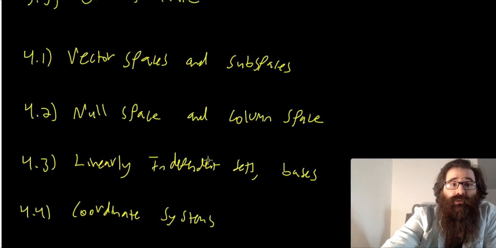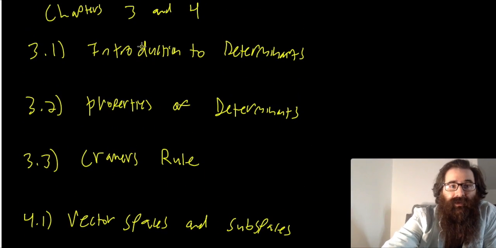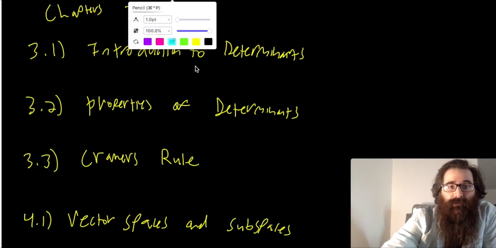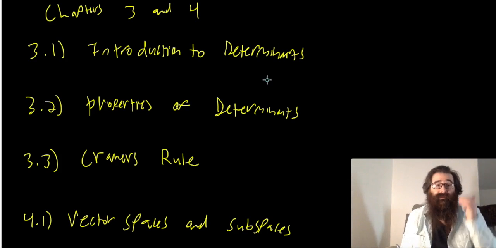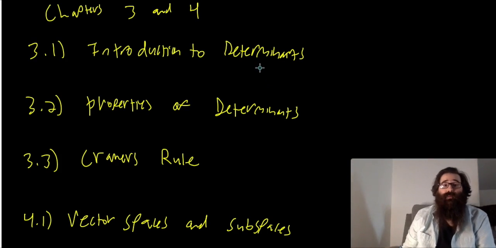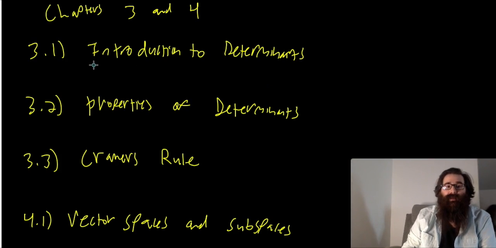So let's go through and talk a bit briefly about what we encountered in all of these sections. Now in 3.1, we started talking about how to find the determinant. We focused a lot on cofactor expansion.